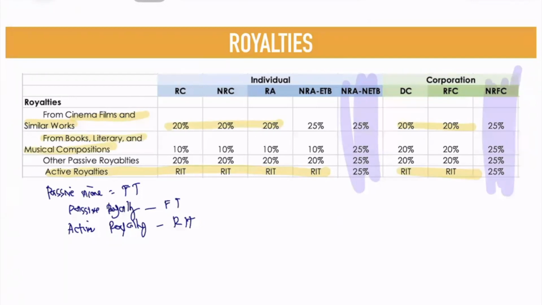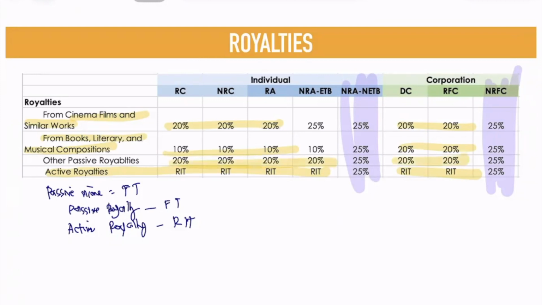How about if ever it is a corporation? For corporation, 20%. And then for other passive royalties, it is 20%.